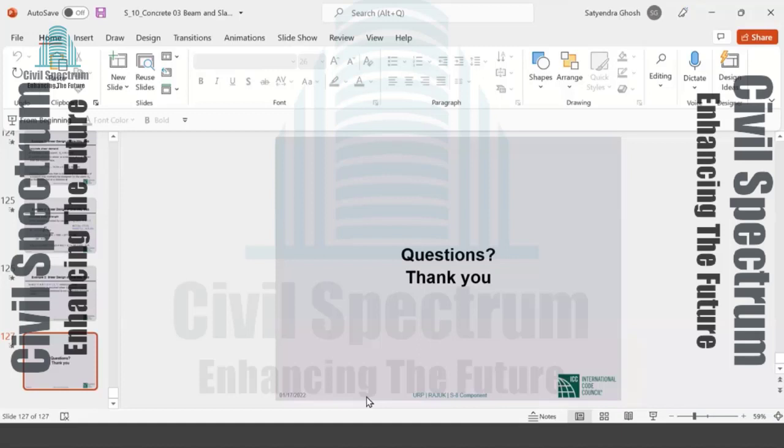Okay, Dr. Ghosh. So are deep beams or transfer girders safe for earthquake zones, especially in a severe or moderate zone like Bangladesh? That is a very good question.